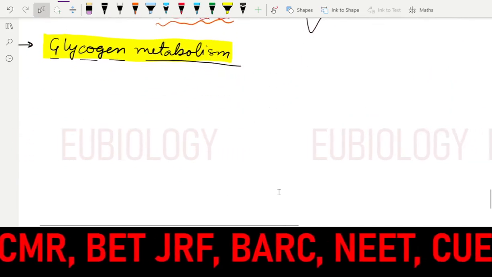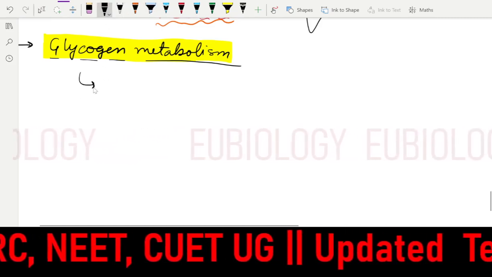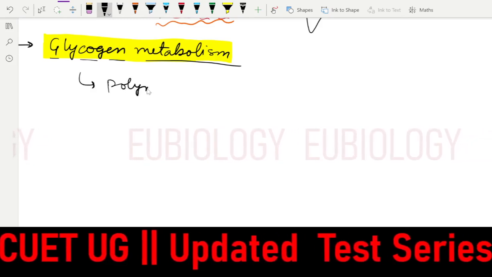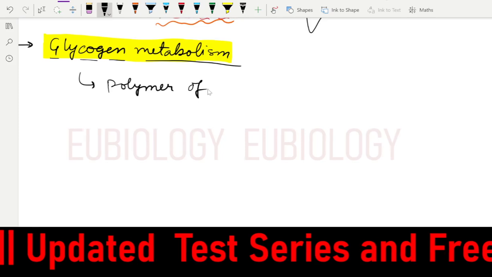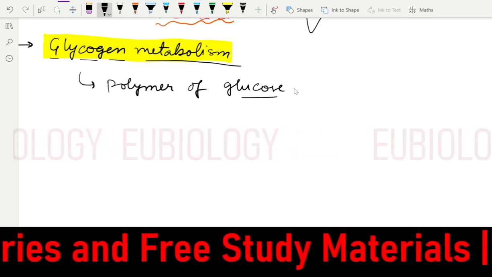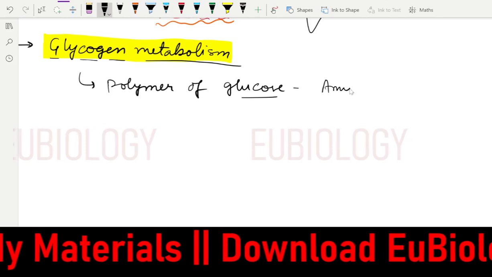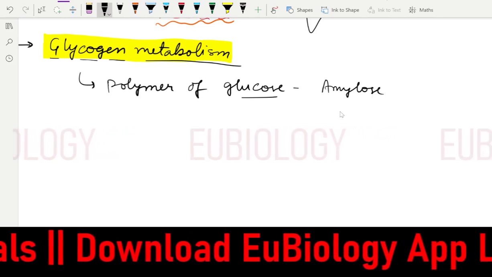So what is it? Glycogen is a polymer of glucose. Okay. Now it has amylose and amylopectin.